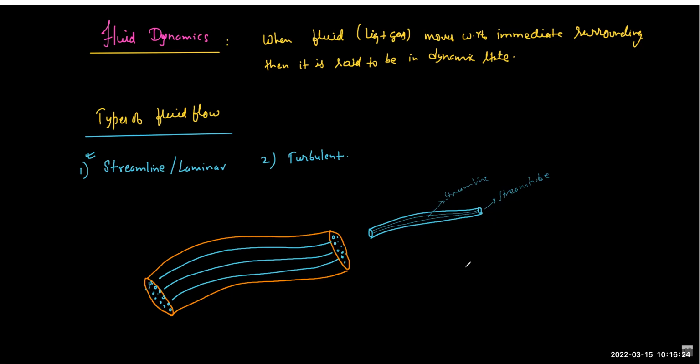So if we have a tube of varying cross section, which means the cross section is not constant, and if we have streamlines, these streamlines will also have to get narrower as the tube becomes narrower.